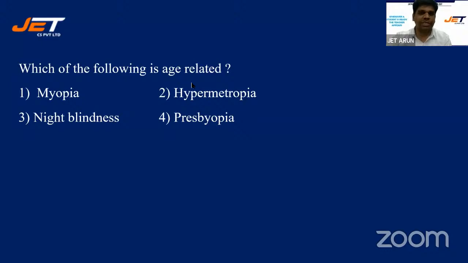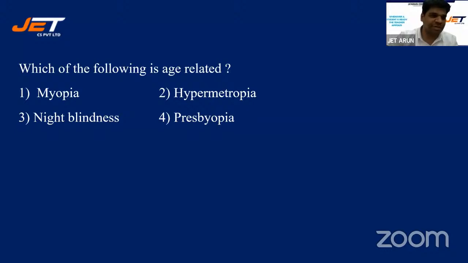Which of the following is age related? Myopia, hypermetropia, night blindness, presbyopia. Okay, presbyopia. Almost all students are answering presbyopia. Instead of writing option four, you're writing the whole answer. That's okay.